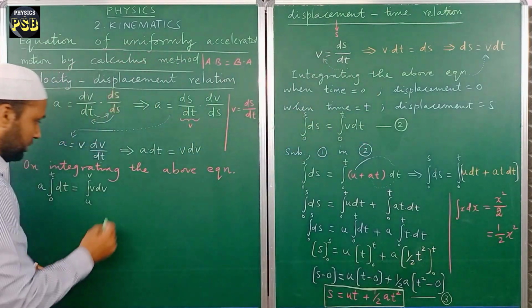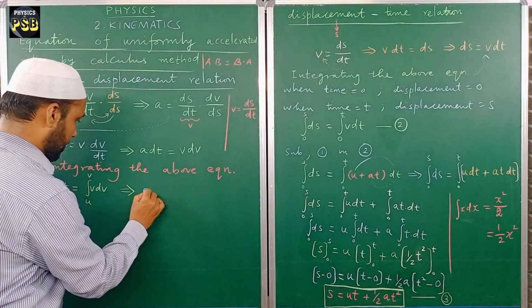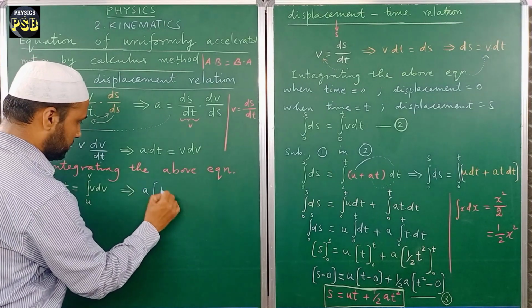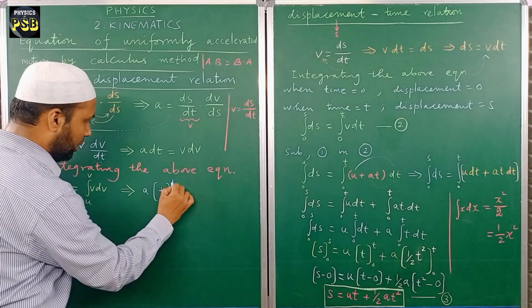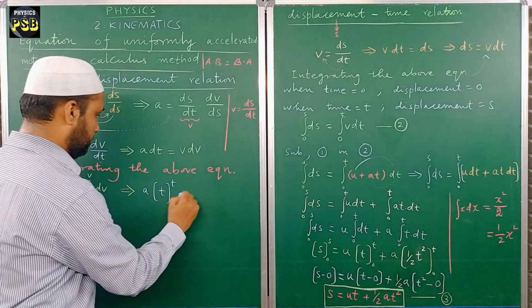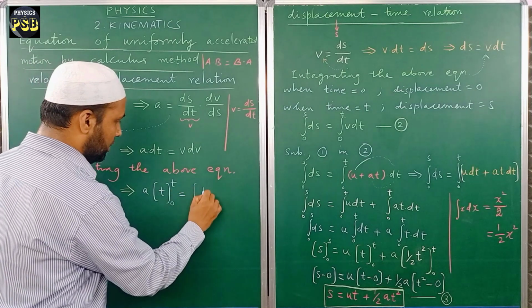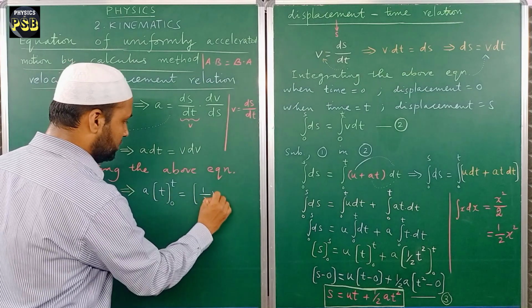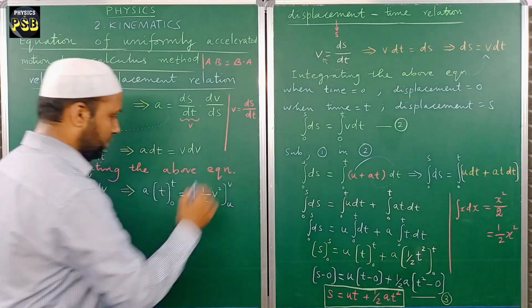The same formula I am going to use here. Next step, see what I will get. A bracket on integration will become t, lower limit 0 and upper limit t. Then here on integrating this one we get half v square, lower limit u, upper limit v.